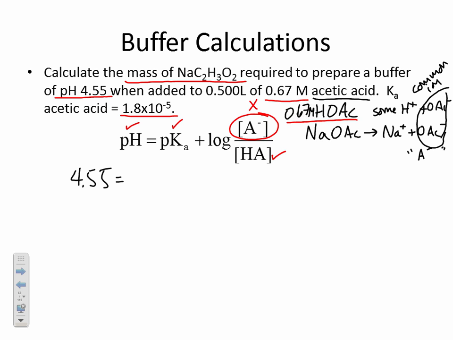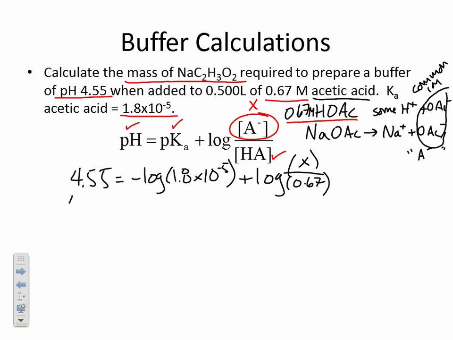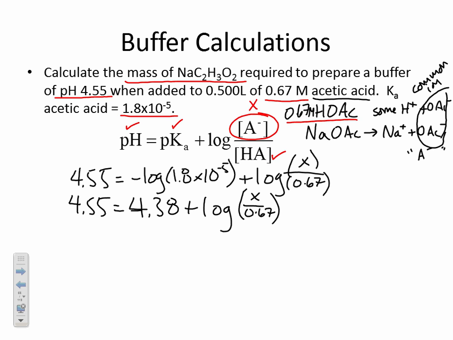So 4.55 is equal to the negative log of 1.8 times 10 to the minus fifth plus the log of X over 0.67. Then I get 4.55 is equal to 4.38 plus the log of X over 0.67. Then we get 0.17 is equal to the log of X over 0.67. We want to solve for X, so you have to do base number power.